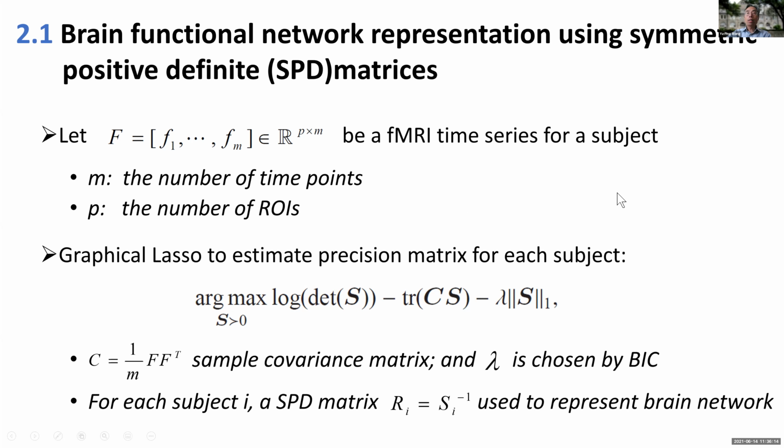Once we estimate S, we can calculate the semi-positive definite matrix R, which is used to represent the brain network.